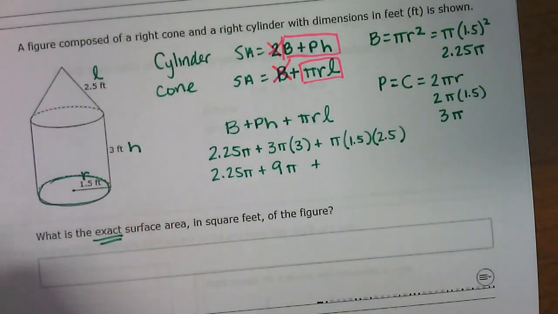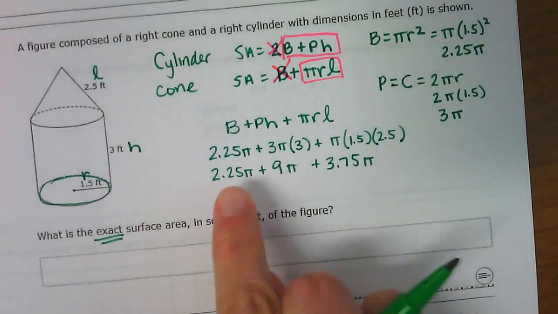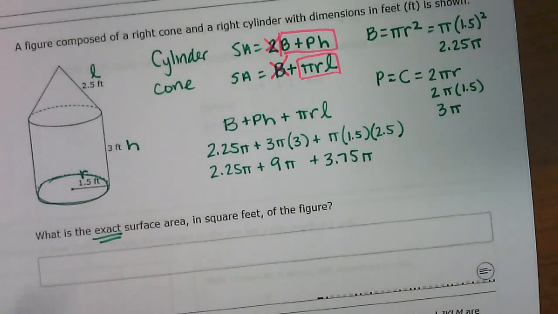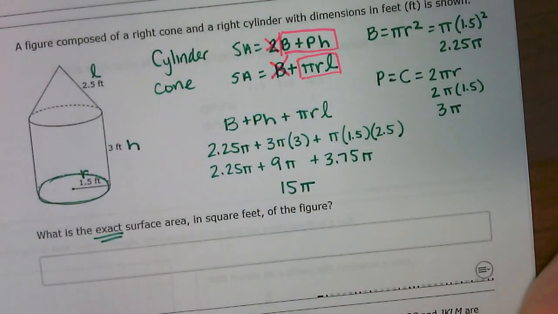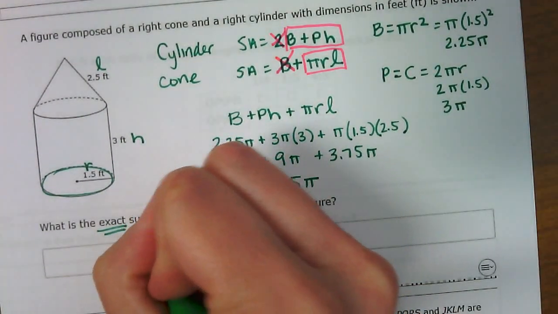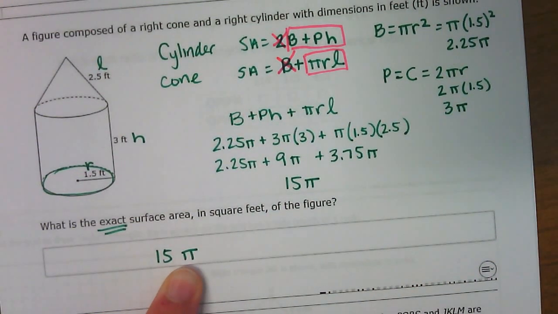Here we're going to have to multiply the 1.5 times the 2.5. We get 3.75 pi. And now since they all have pi's, we combine our like terms and add the 2.25, the 9, and the 3.75, and we get 15 pi. Okay, this would be our final answer. This is our exact answer.